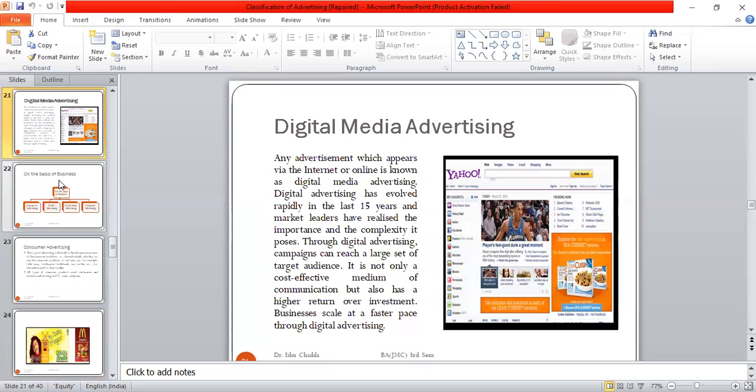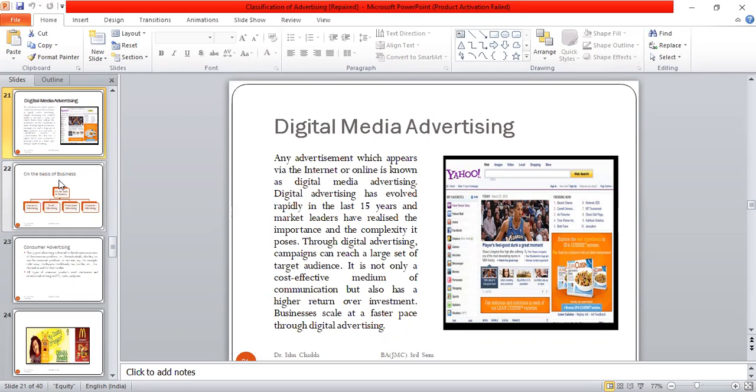Digital media advertisement. Any advertisement which appears via the internet or online is known as digital media advertising. Digital advertising has evolved rapidly in the last 15 years, and market leaders have realized the importance and complexity it poses. Before that it was not there, but since 1994 it has become so popular that through digital advertising, campaigns can reach a large set of target audience.